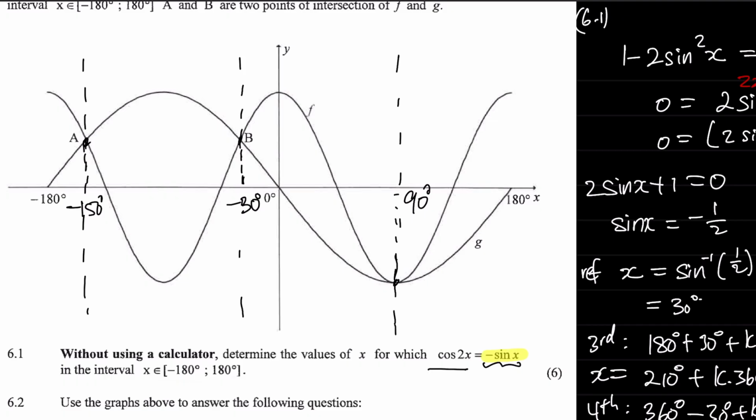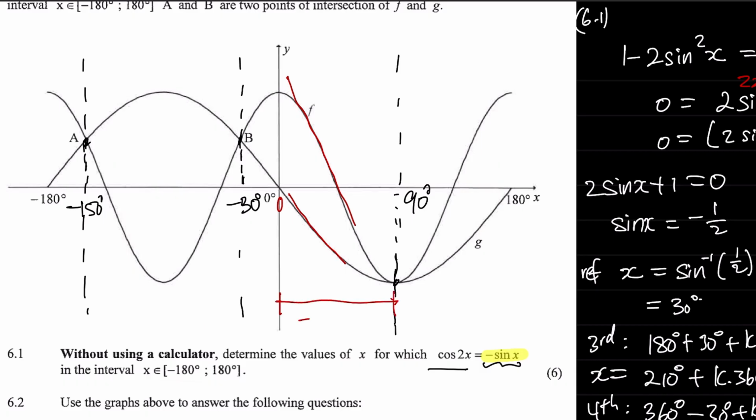I'm looking here between 0 and 90 degrees. If I draw a tangent like this, that's going to give me a negative slope. And likewise here, that's also going to give me a negative slope. So here you can see that the tangents are negative between 0 and 90.